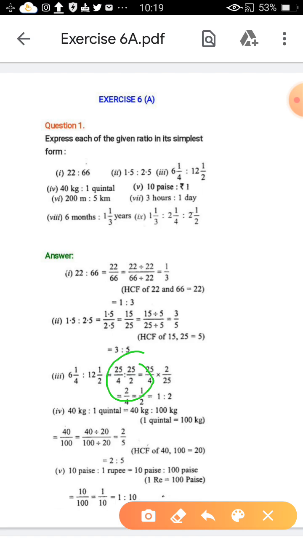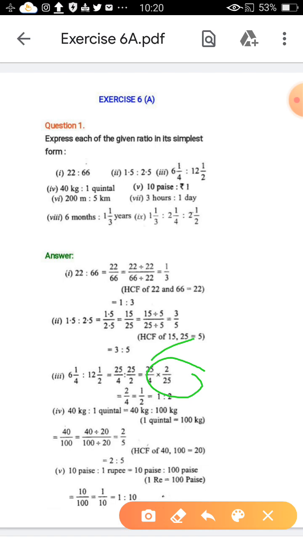So what trick can we use here? The first number I have written as it is, 25 upon 4, and for the second number I have taken the reciprocal. Instead of 25 upon 2 I have written 2 upon 25, and I have changed the sign to multiply. So 25 upon 4 multiplied by 2 upon 25.